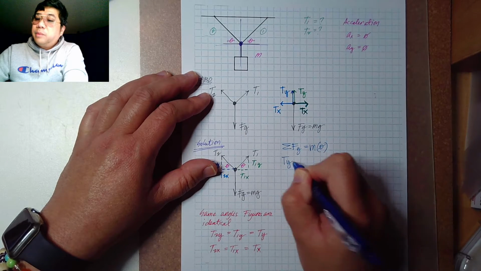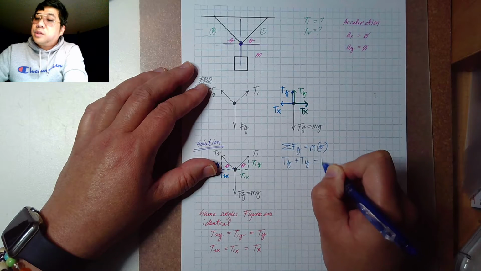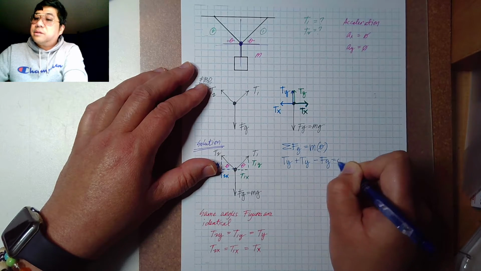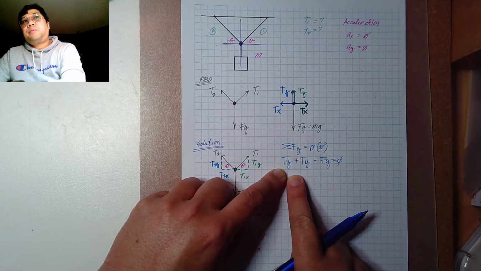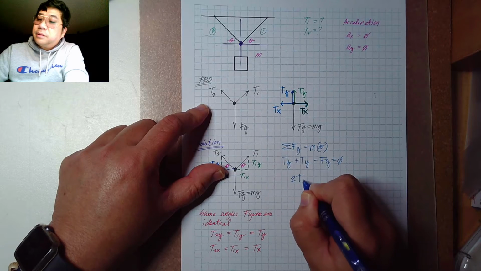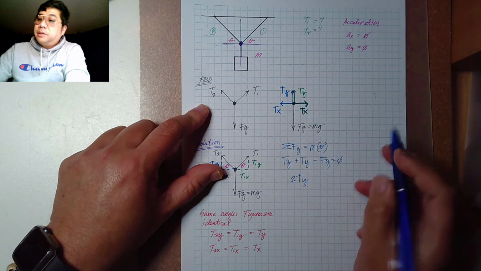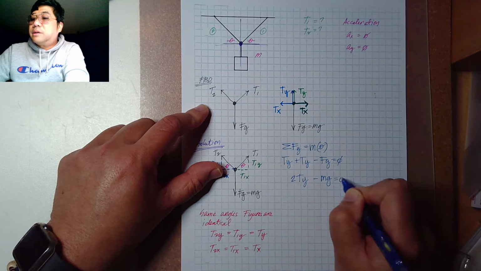So t sub y blue plus t sub y green minus f of g equals 0. So we have what? T sub y, they're the same. So I can just say that these are 2 tension minus mass times g equals 0.